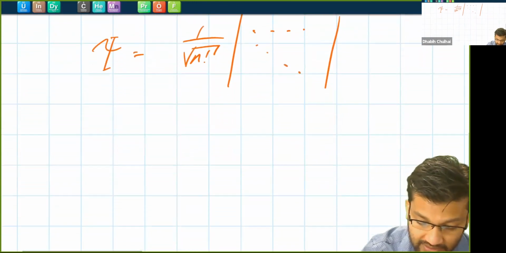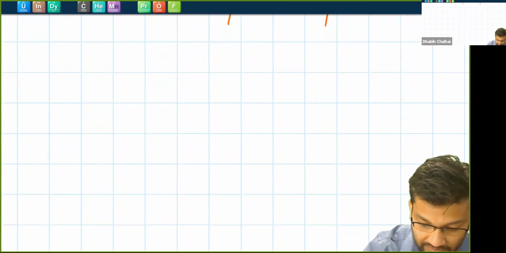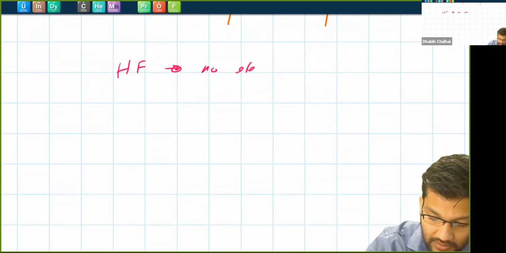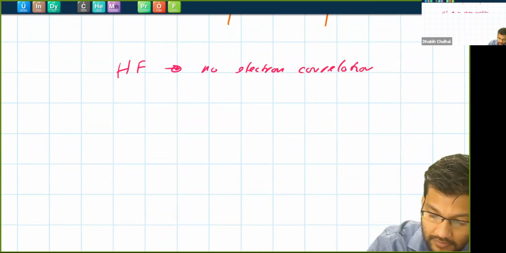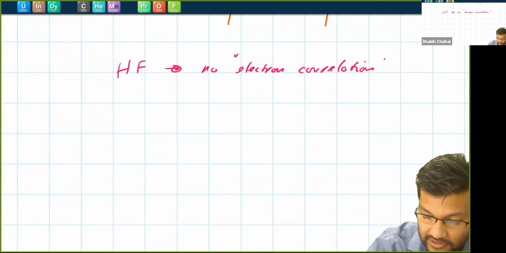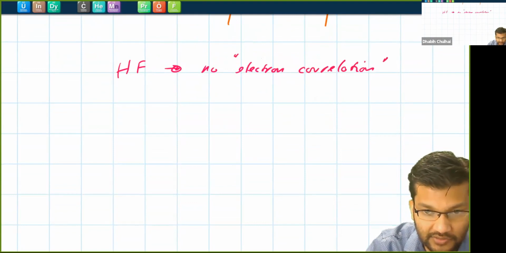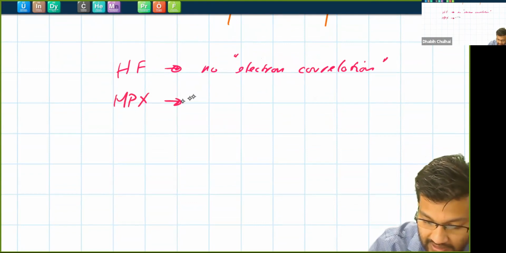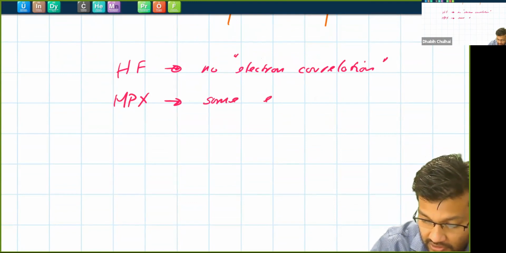And then one of the things that we talked about before we wrapped up last week are different types of calculation. We talked about Hartree-Fock having no electron correlation. Electron correlation is basically just interactions of electrons with each other. One level up from that are the MPx methods, which have some electron correlation.